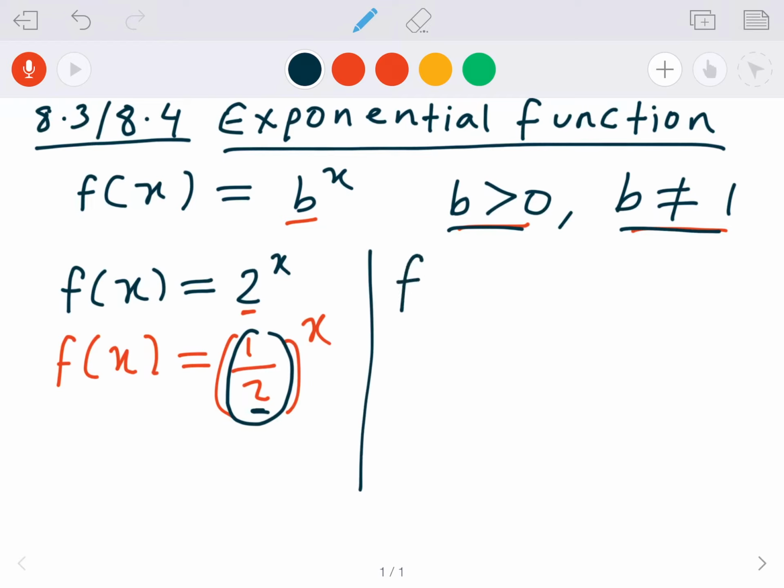Similarly, let's say f of x equals 1 to the power x. Then this is not an exponential function, because the base we have here is 1, right?